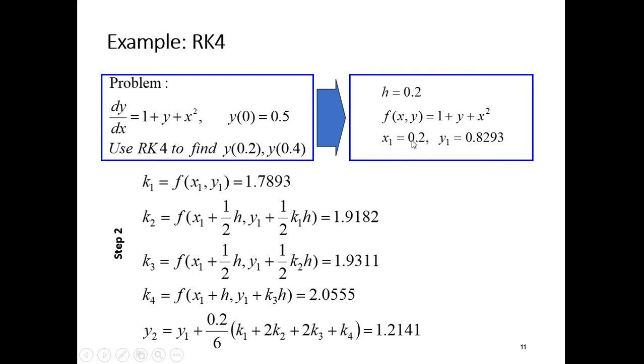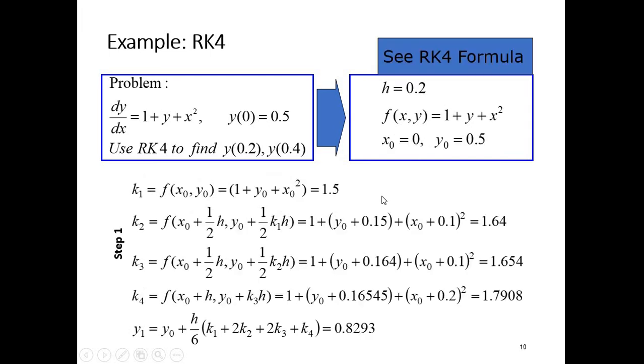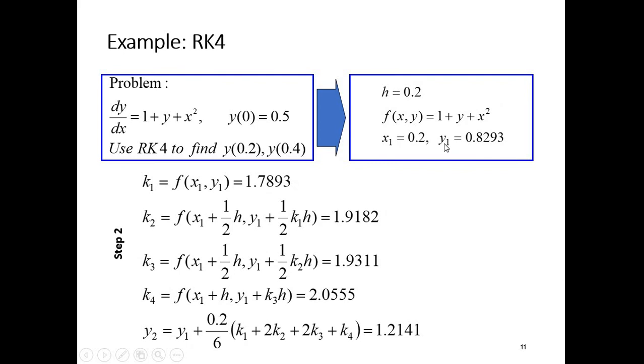Your x1 is equal to 0.2, and then your y1 is y at 0.2, which is 0.8293. So we substitute those two here, should get 1.7893.